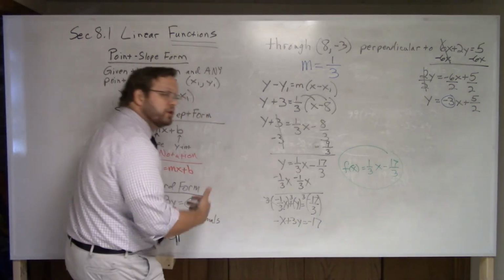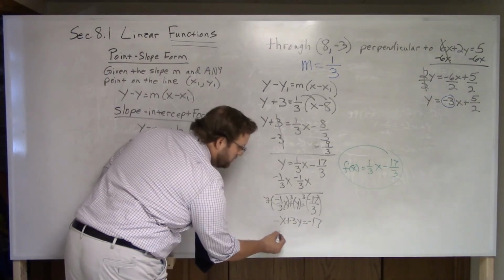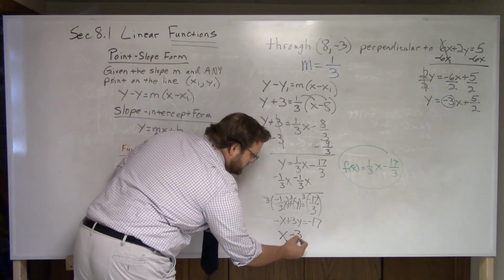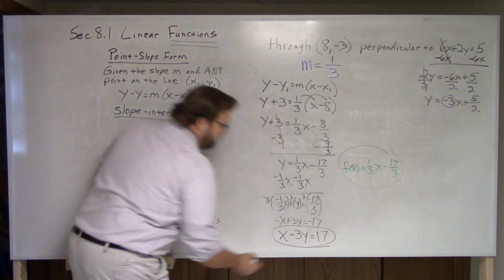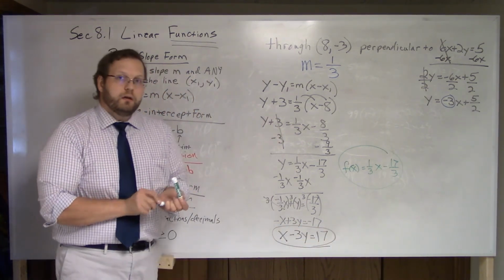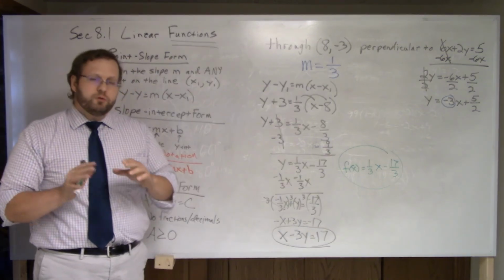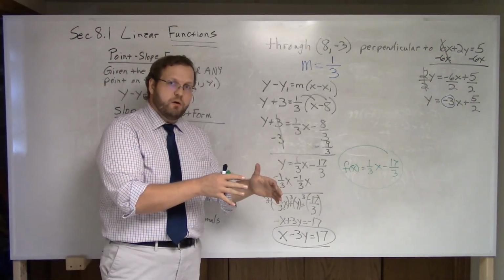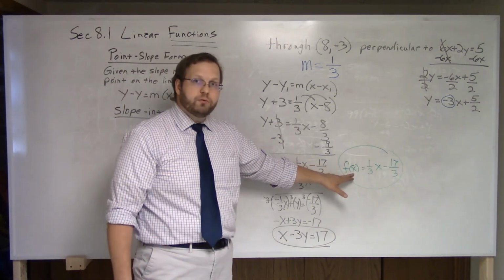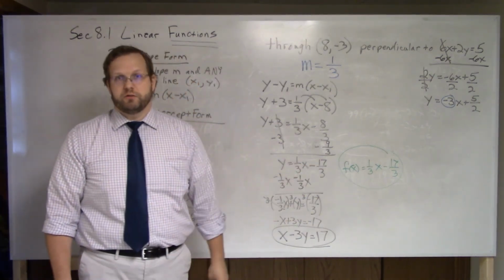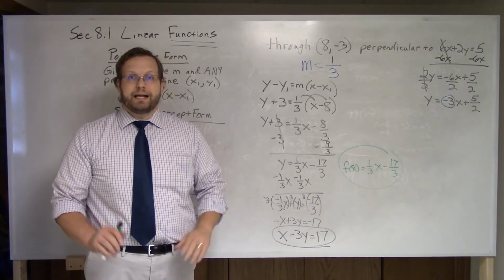So again, I multiply through by a negative 1, which really just changes all the signs. And there we go. Again, if you look back on the 3.5 video, the only thing that's going to be different is switching that y to an f of x when they ask you for function notation. Beyond that, it is exactly the same.